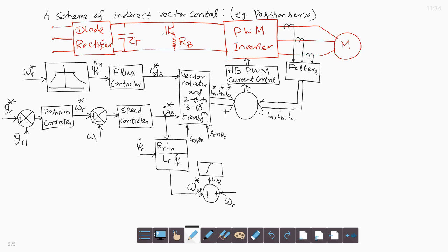Then we have one integrator which gives theta e, and we have a lookup table which gives cos theta e and sin theta e, the unit vector.